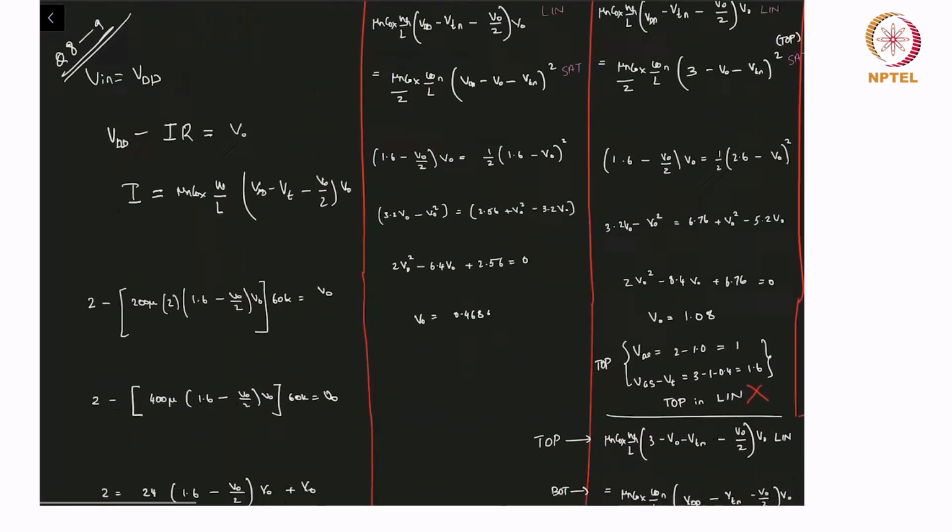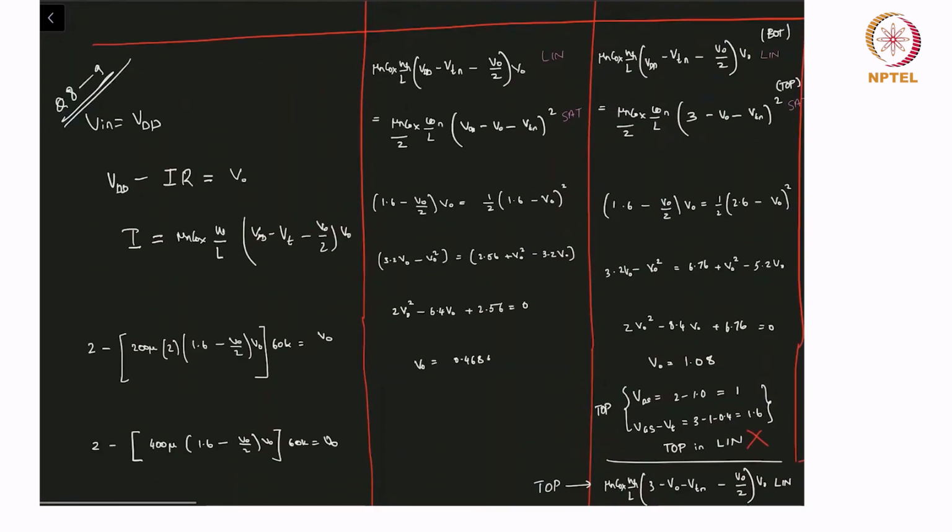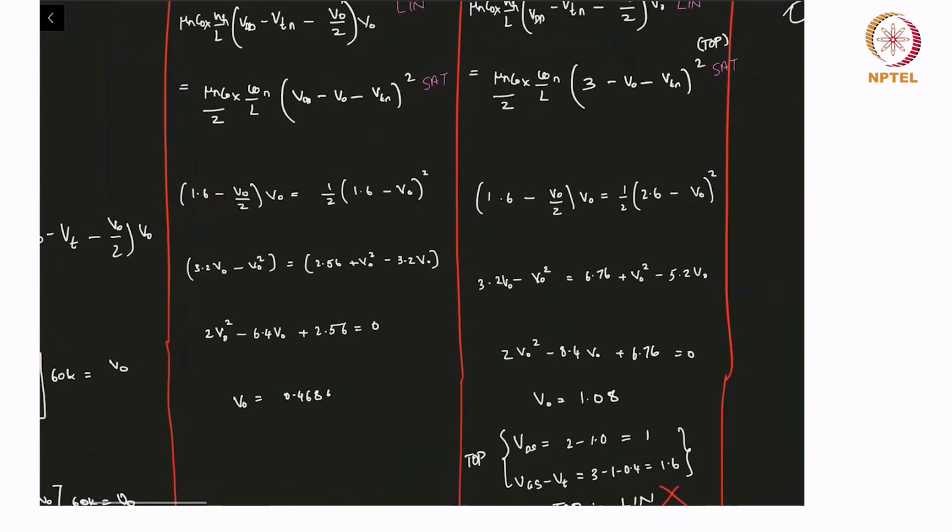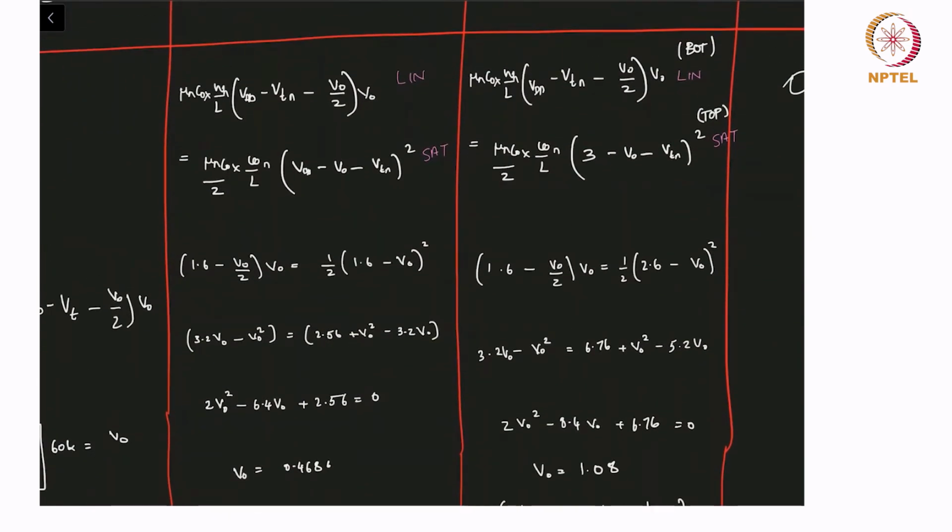Right? So that was circuit A, and then this is circuit B, where I had assumed that the NMOS on the top is in linear region, and the NMOS on the bottom, this is bottom transistor, and this is top transistor, right?